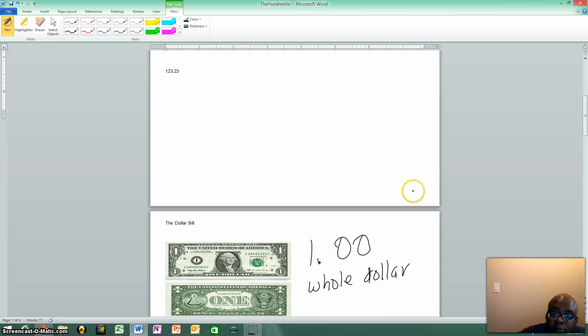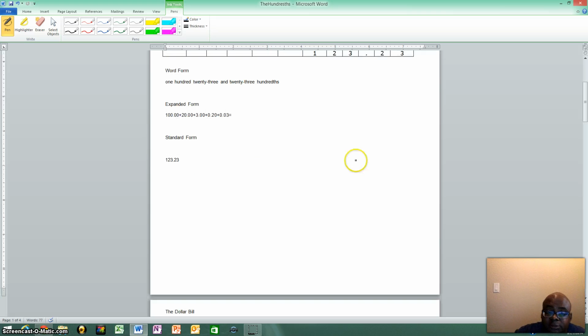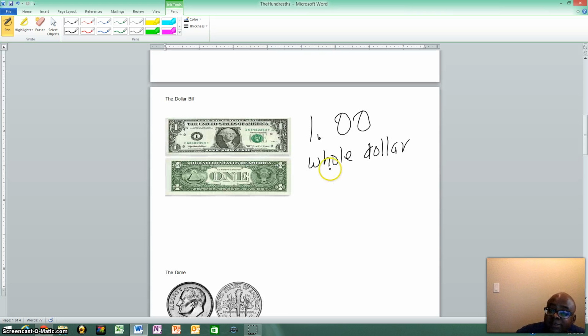And if we scroll back up, this side right here on our place value chart is going to be our dollar bills. And this is going to be the coins. Okay, so dollar bills and coins. Okay, so now let's scroll back down. So this has a value of 1 whole dollar.